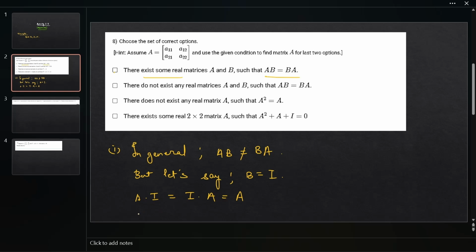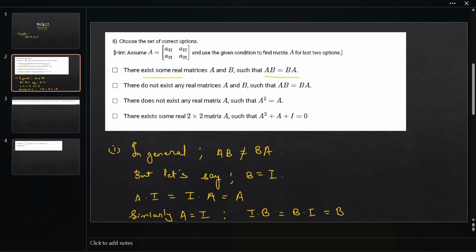Similarly, if you take A equal to I, what would happen? You can write I times B is equal to B times I is equal to B. So we have shown some examples where AB is equal to BA.